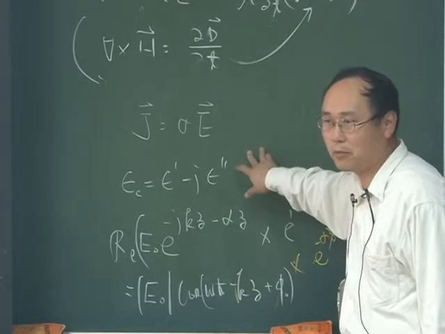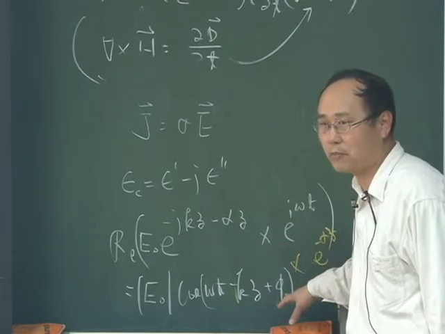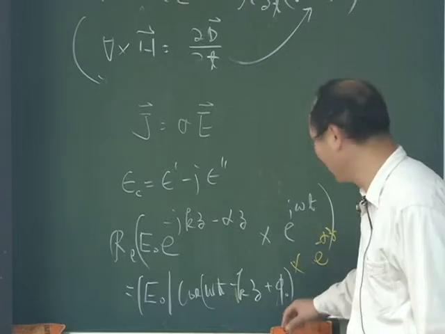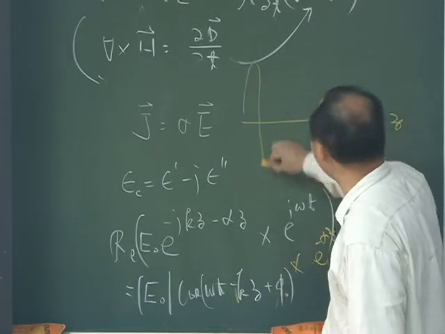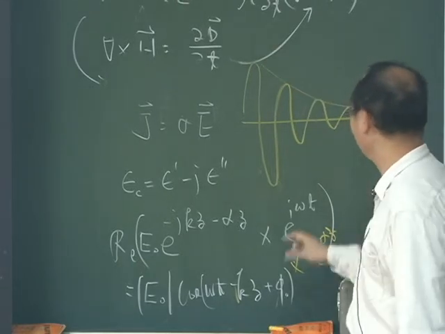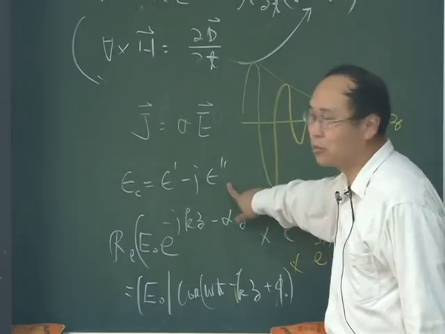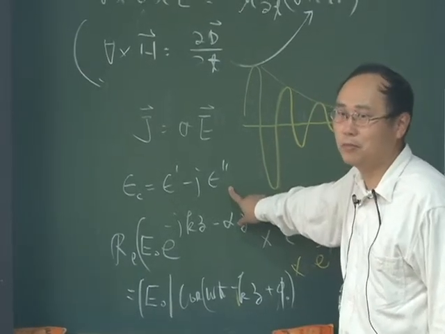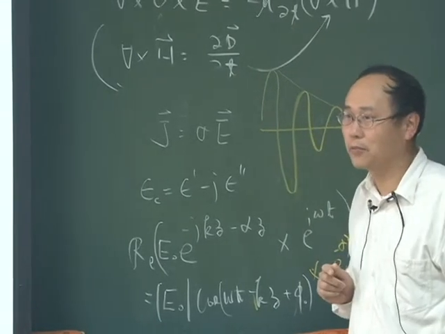If the permittivity is a complex number, then you're going to have a plane wave solution of this kind. And if you plot this over z, initially you have large amplitude and then gradually it tapers down due to this attenuation. So the imaginary part of permittivity means attenuation of the wave when it propagates inside this material.